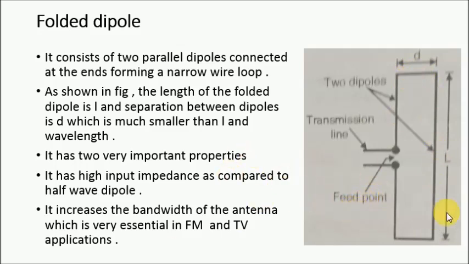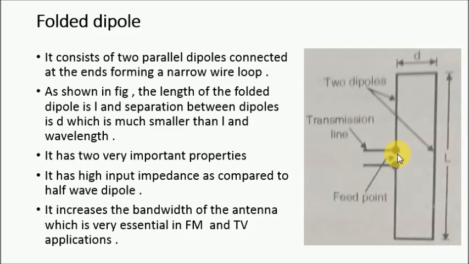Basically it consists of two parallel dipoles connected at the ends, forming a narrow wire loop. And if you see in this figure that the length of the folded dipole is capital L, and the separation between the dipoles is d, and it looks like two dipoles actually connected, and d is smaller than L and also the wavelength lambda.